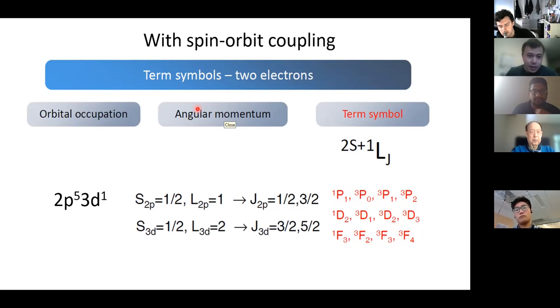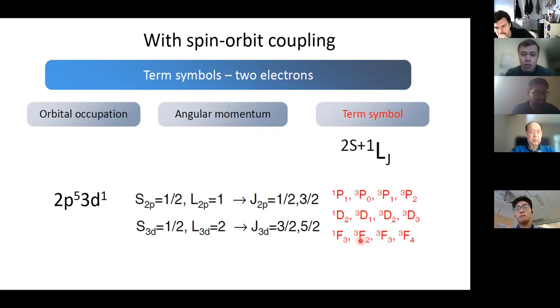It's 3F2, right? Because we first look at the maximum multiplicity and the orbital angular momentum for these two parts, and we look for the smallest number because this is a less than half filled orbital. I mean, in terms of the D, so we look at the small number. So this 3F2 is actually the lowest energy in this whole system.